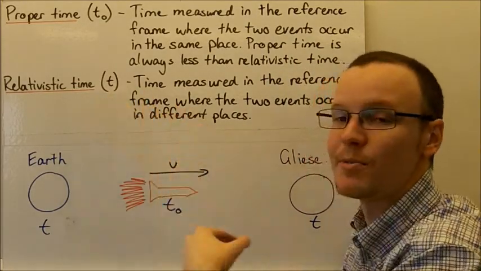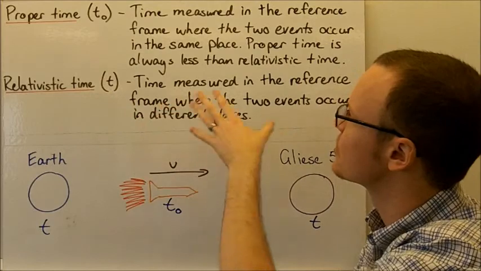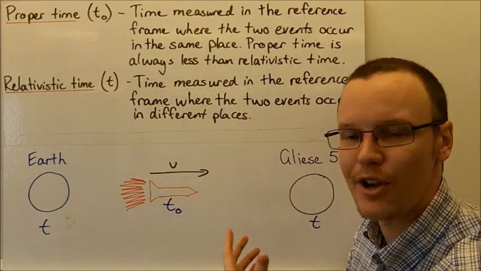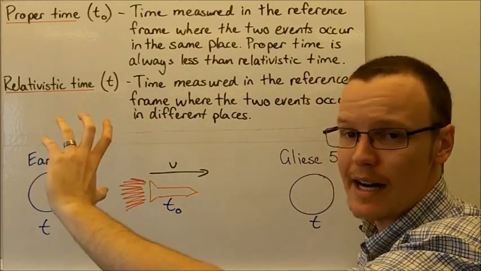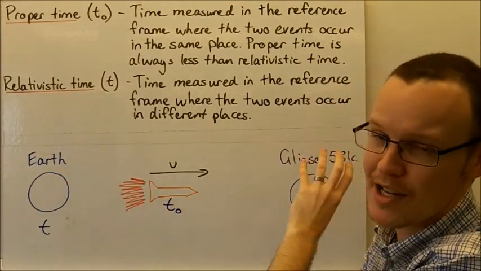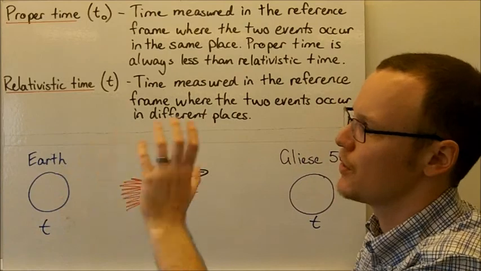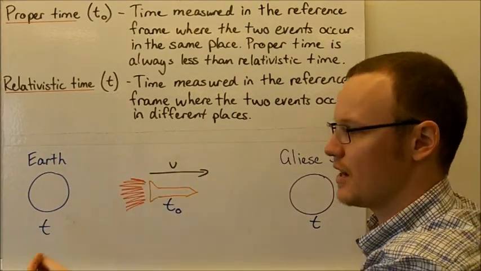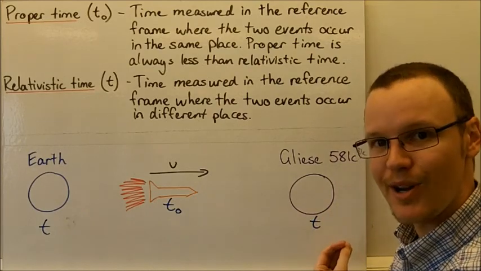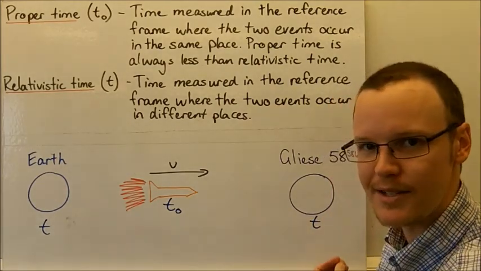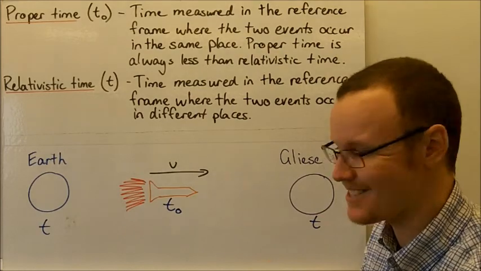Relativistic time, denoted with t without the 0, is time measured in the reference frame where the two events occur in different places. So we saw that the train carriage was initially over here, and the observer saw the train carriage move and saw the light be emitted from the clock in one place and be received by the clock in another place, in two different spaces.